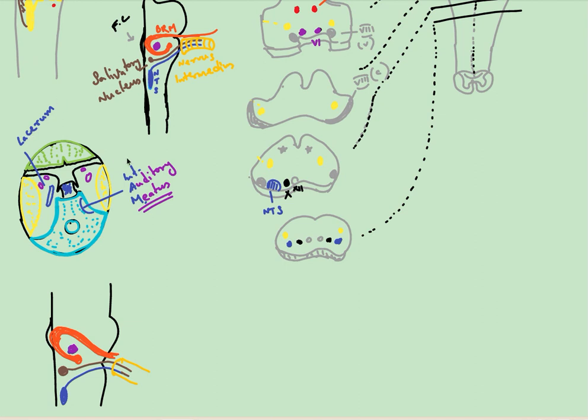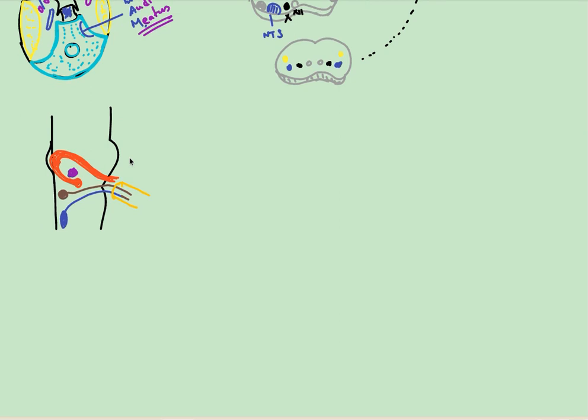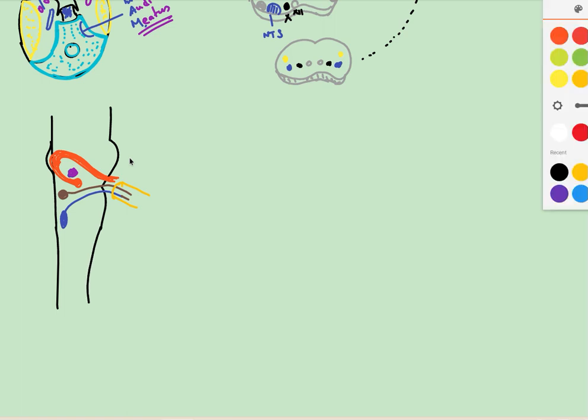Now today we learned that this is going to enter into the internal auditory meatus. Suppose this is the brain stem, and suppose this is the foramen ovale.